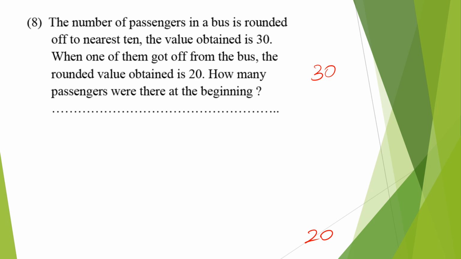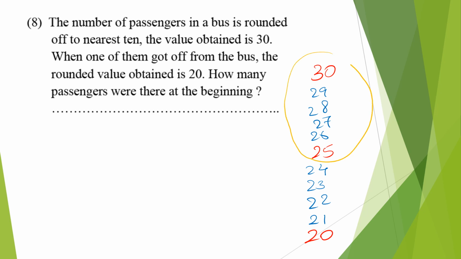So you can say here 25 is here. So let's write some numbers here: 20, 21, 22, 23, 24, 25, 26, 27, 28, and 29. From these values, when all these numbers are rounded off, you can get 30.